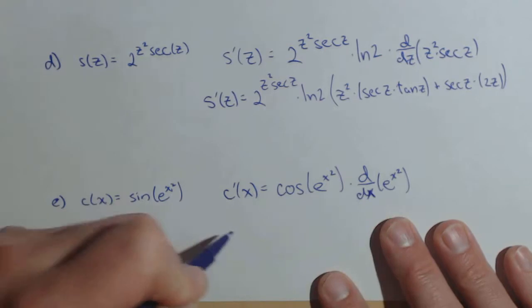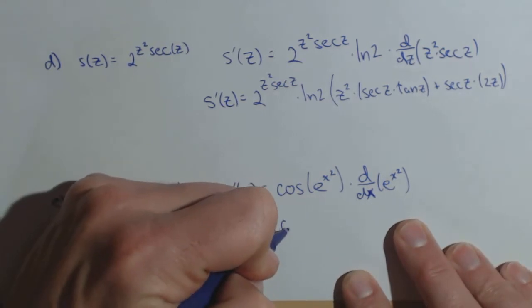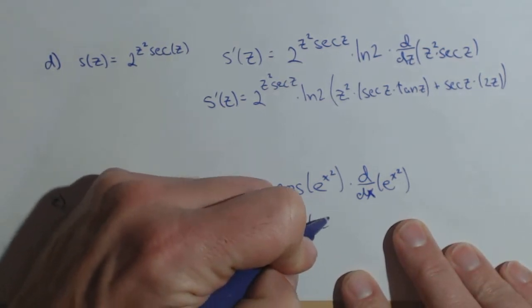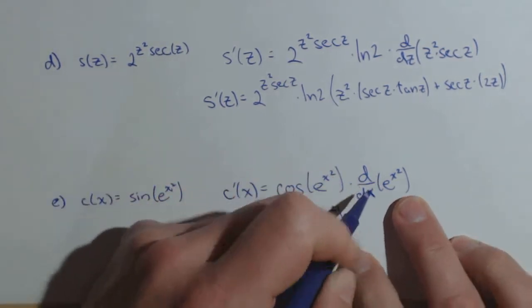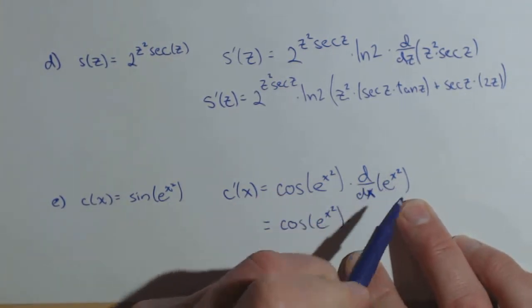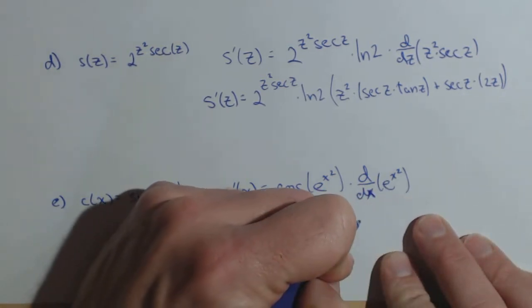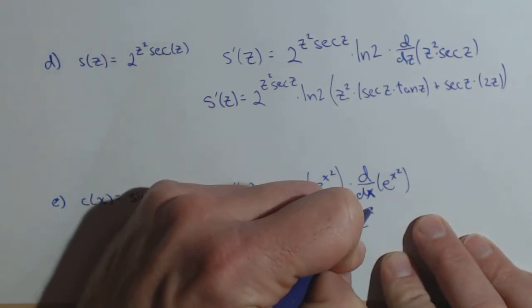Now, notice what we have here. We have another composition. So this is going to be a double composition. Cosine of e to the x squared times, now the derivative of e to the x squared is the derivative of the outside, so the derivative of the e function. Leave the inside alone, so it's just itself, e to the x squared.